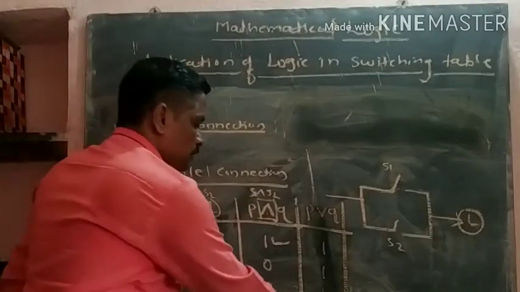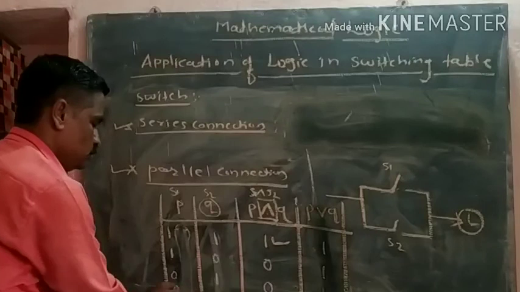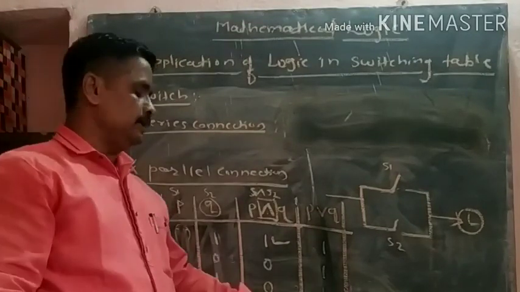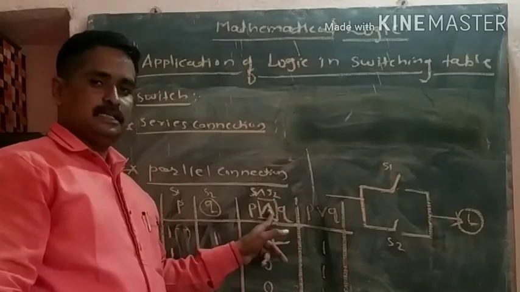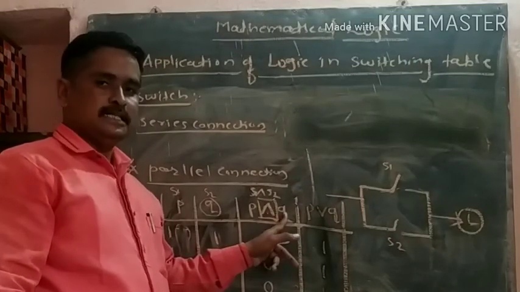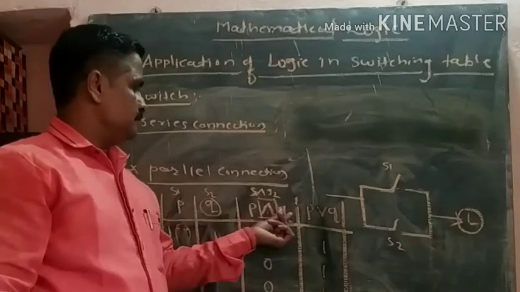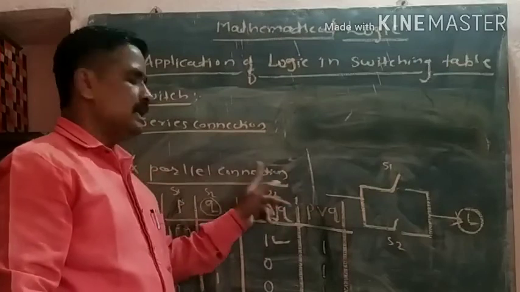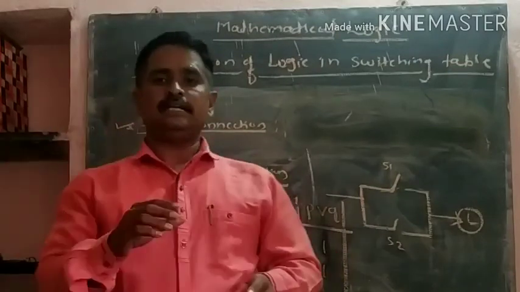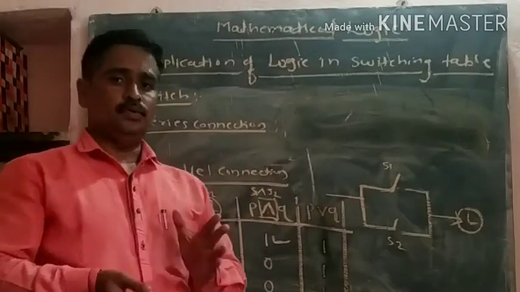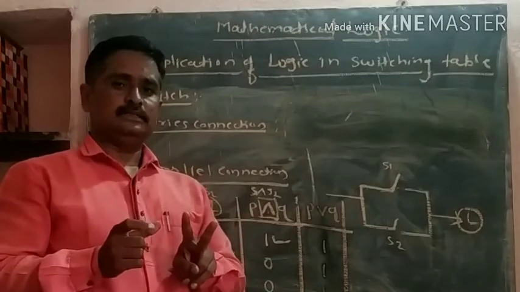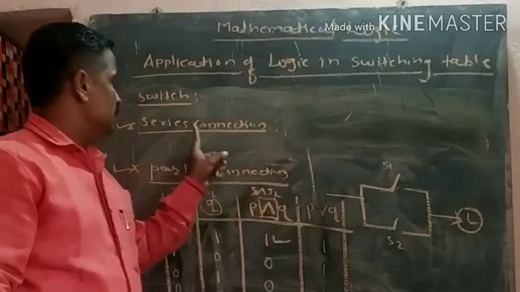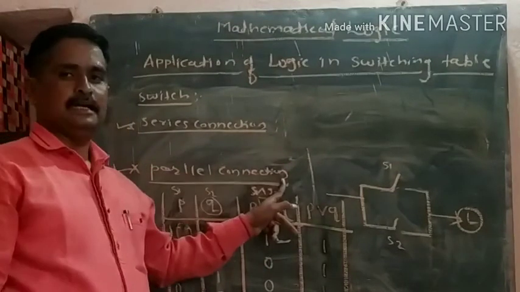So these are the two basic operations to construct an input output table. P conjunction Q is the series connection and P disjunction Q denotes the parallel connection. Once again I recall the two connections in a switching circuit: the series connection and the parallel connection.